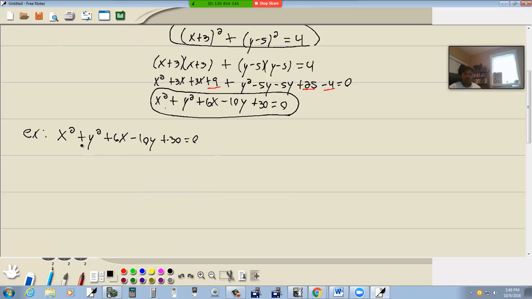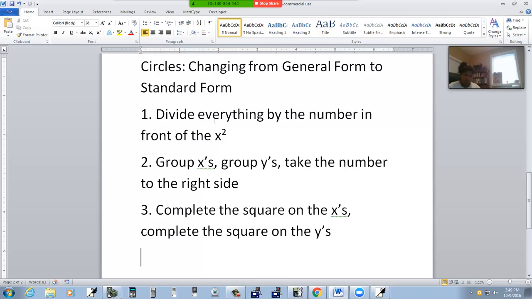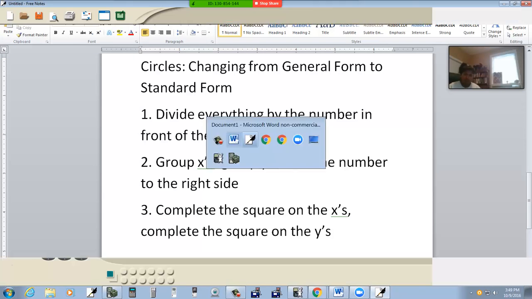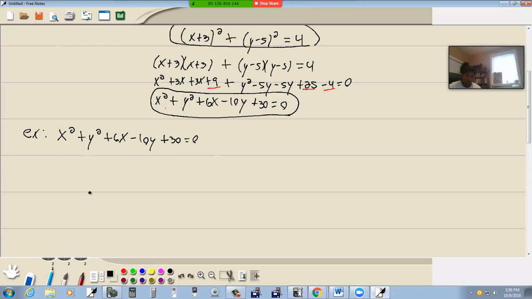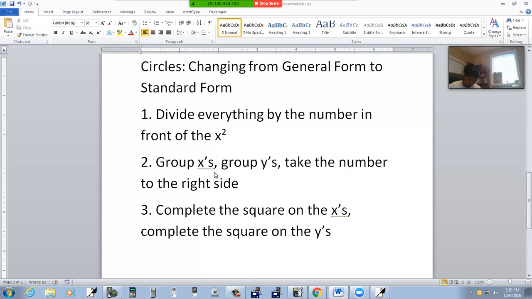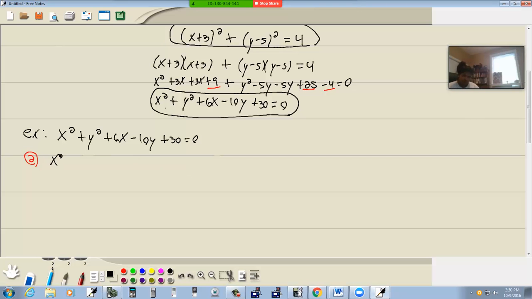So if I did have something in this form, the first step says divide everything by the number in front of the x squared. Well, there is nothing in front of our x squared, so we don't have to do that. Step 2, group the x's. So I'll put the x squared next to the 6x.